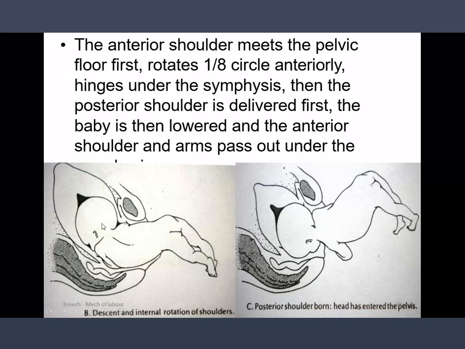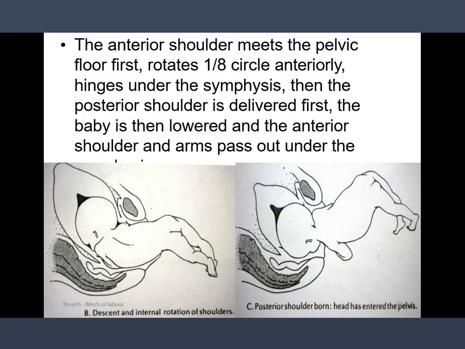So always remember: first engagement, descent, internal rotation. After internal rotation, there will be further descent. After descent, there will be lateral flexion. By lateral flexion, the posterior shoulder delivers first, followed by the anterior shoulder. After delivery of the shoulders, the next thing is restitution, followed by external rotation.